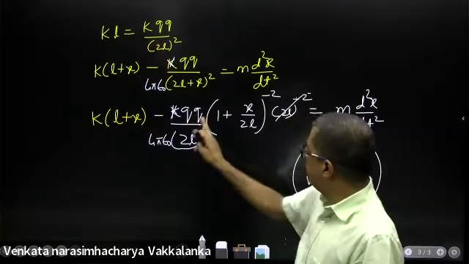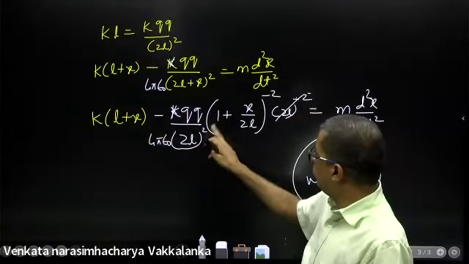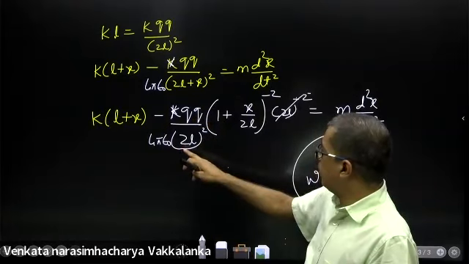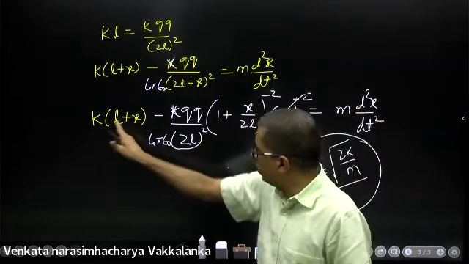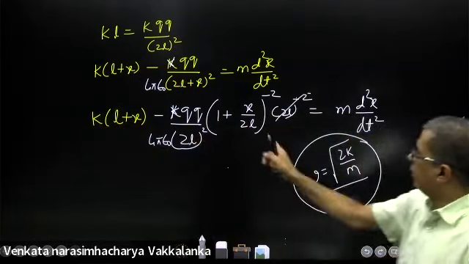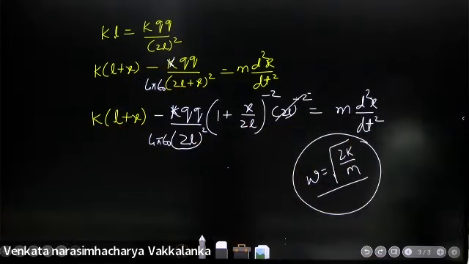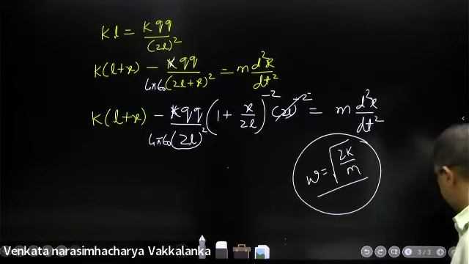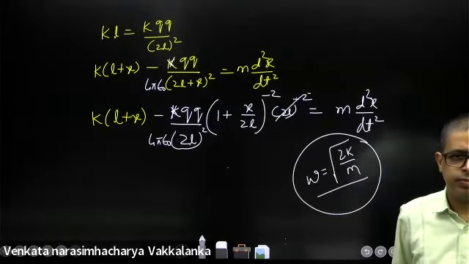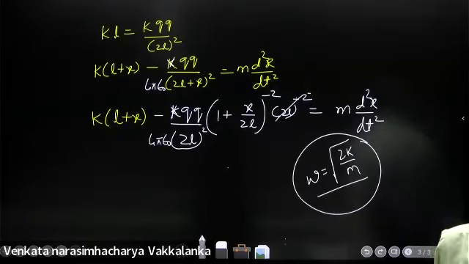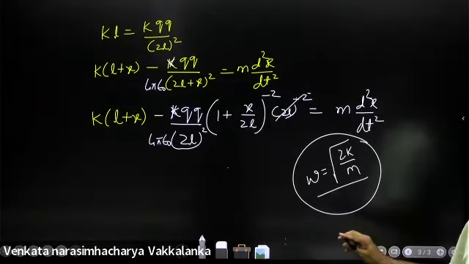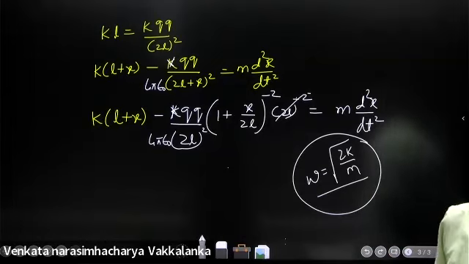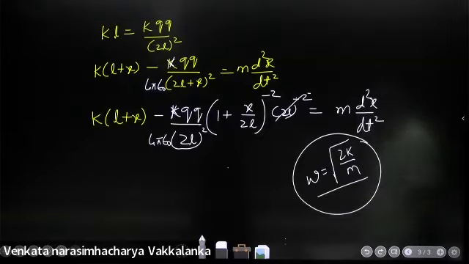Use this equation: K Q1 Q2, K Q by 4 pi epsilon naught 2L whole square. This and KL will get cancelled out. Kx is equal to the remaining part. Can I proceed? Yes, sir.